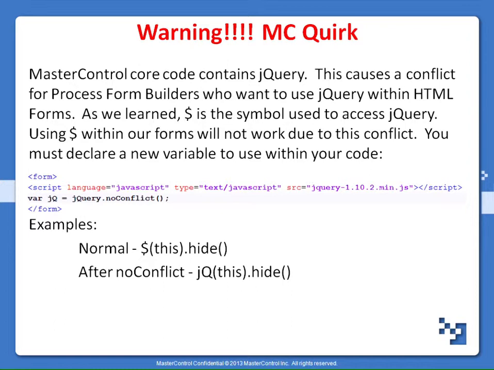So that's why we picked JQ, because it's kind of innocuous. But it could be whatever you want. If you like your own initials, if that's your thing, you could do that. But whatever you want. So from this point forward in my slide presentation, I will be using JQ as opposed to $ signs in all of my examples.